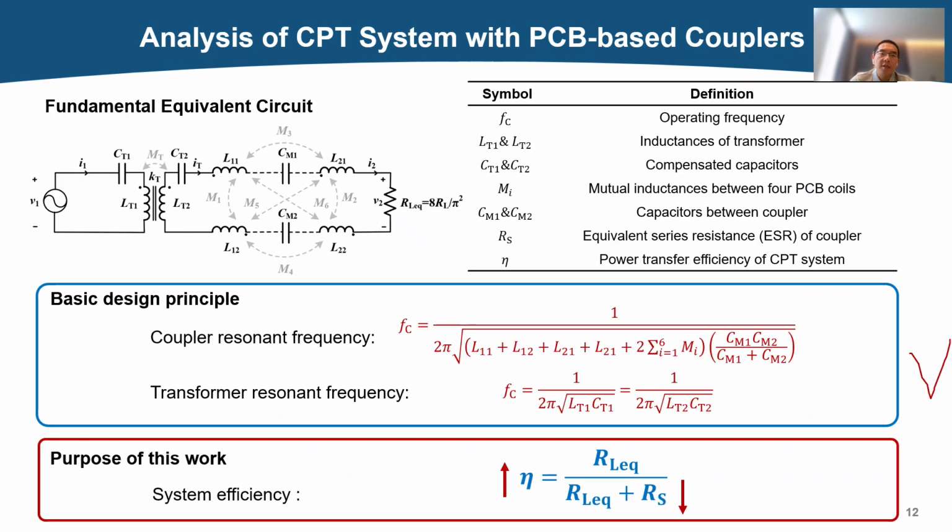These two equations illustrate the fundamental design principles governing the resonant frequencies of the CPT coupler and the SS compensated transformer. The main objective of this work is to enhance overall system efficiency, as shown in this equation. Improving efficiency can be achieved by minimizing the equivalent series resistance, which directly impacts power losses in the system.